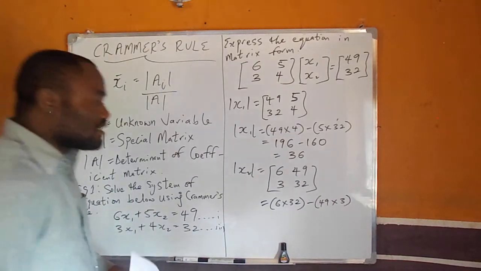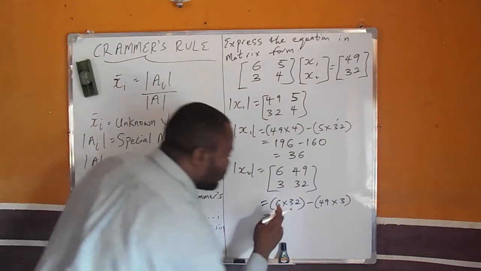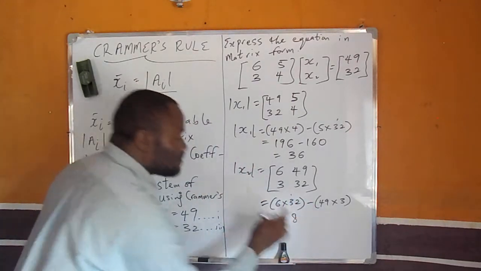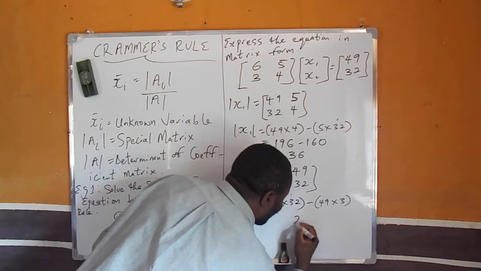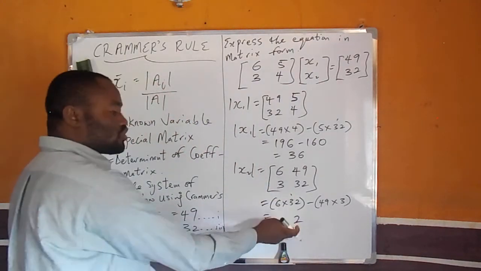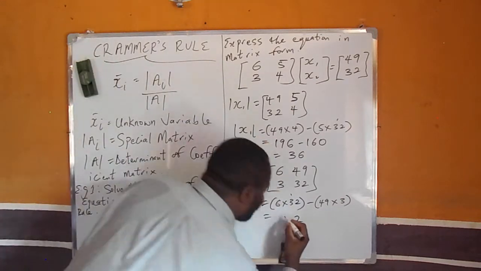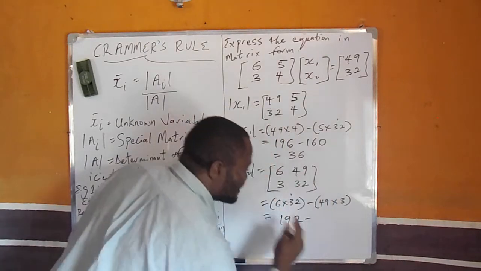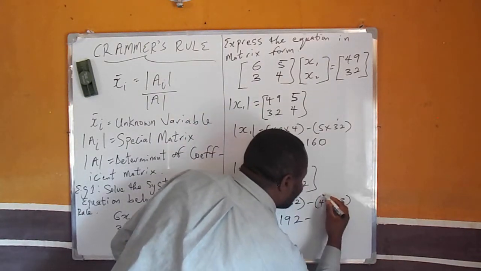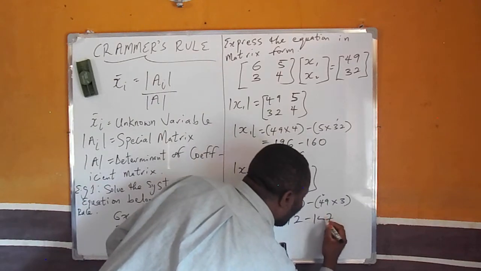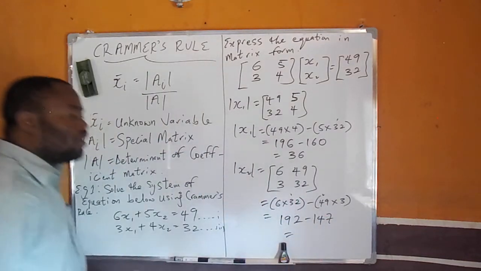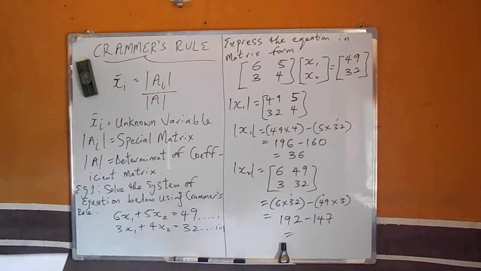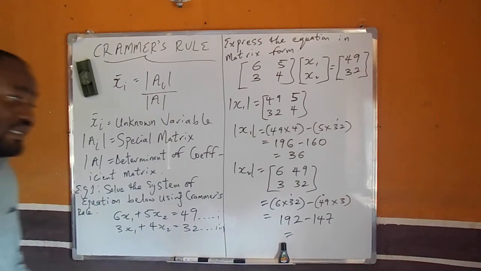6 times 32 gives 192, minus 49 times 3, which is 147. 192 minus 147 will give us 45.